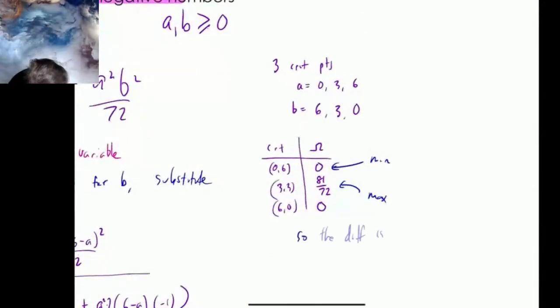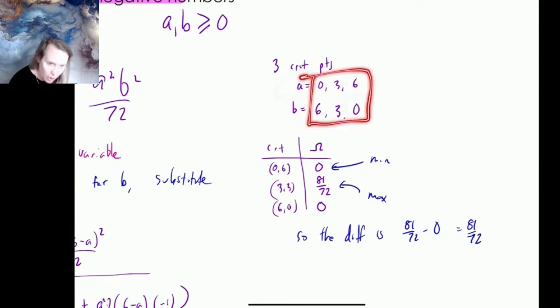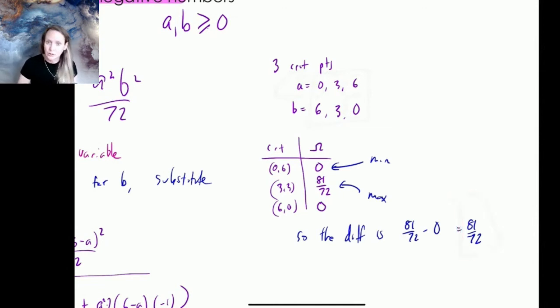The difference is 81 over 72 minus 0, which equals 81 over 72. I can't consider any smaller value of a than 0 because then it would be negative, and I can't consider any bigger value of a than 6 because then b would be negative. So these are all of the critical points in everything I want to study. The answer is 81 over 72 for this problem.